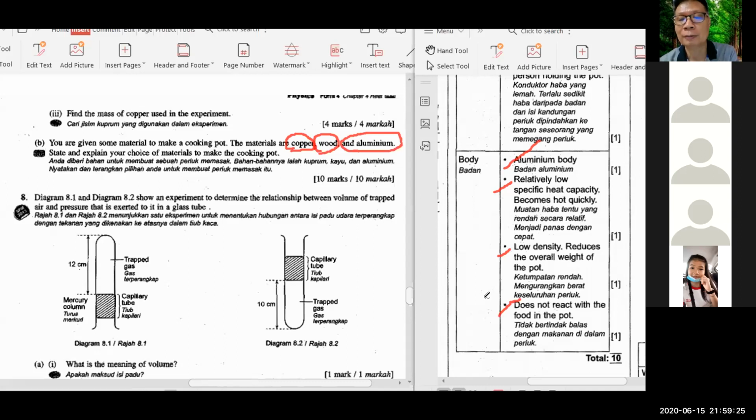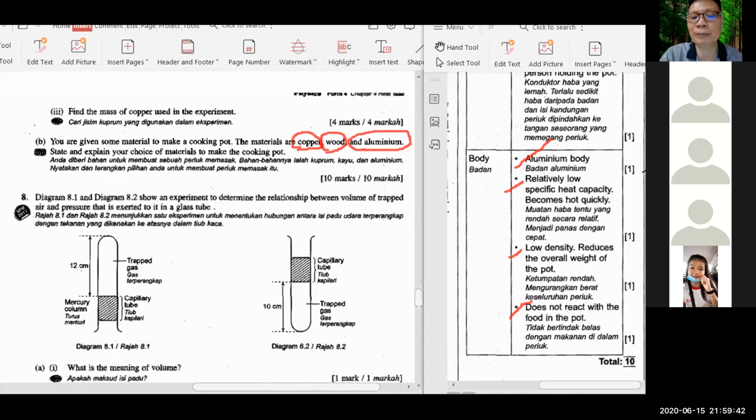Vinegar will react with the copper. Aluminum no. Aluminum is okay. Aluminum is not reactive with the food. That's why you have this aluminum foil. You cook food in the iron, this one you use aluminum foil, isn't it? The aluminum can. But overall, we say does not react with the food. So altogether 10 marks.